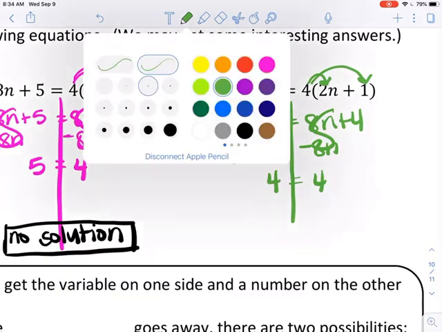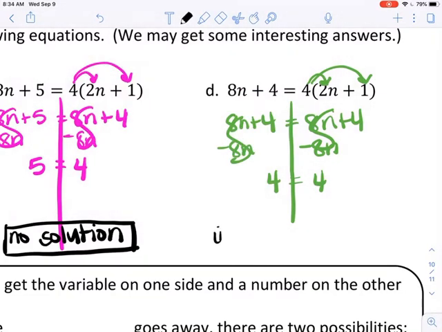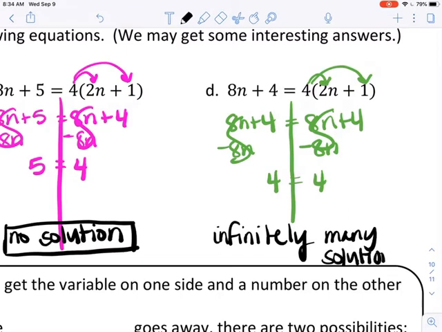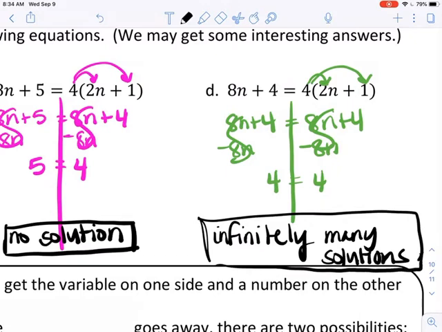And the official mathematical term for this is infinitely many solutions. So this is our other special case. So basically, if you get kind of a duh statement, well, duh, 4 equals 4, then it's infinitely many solutions.